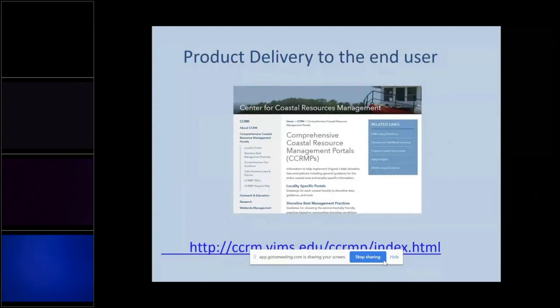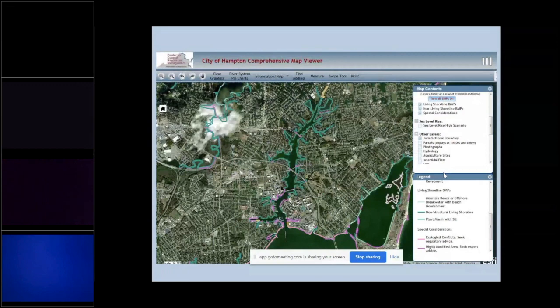So ultimately, you want to deliver your product to the end user. And I just thought I'd show you that in Virginia, we have a comprehensive coastal resource management portal where the data is actually organized by locality. So each locality has its own portal. I'm not going to show you any details, but I thought I would show you an example of what our viewer looks like.